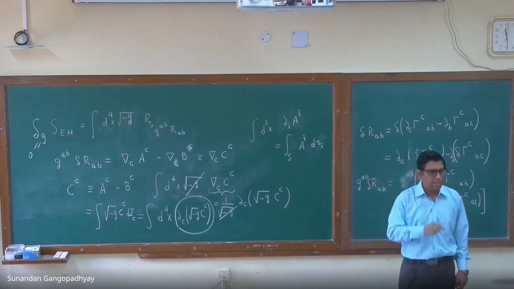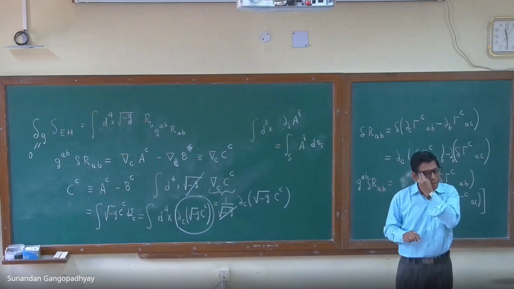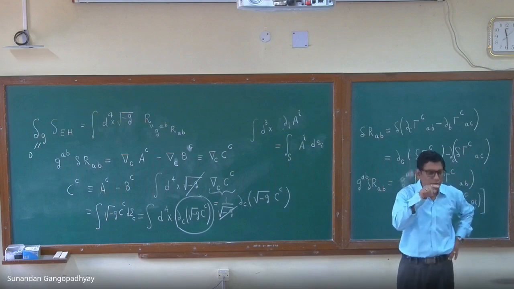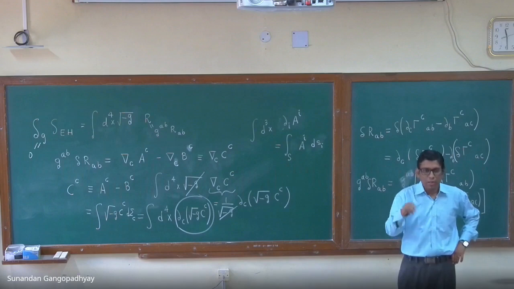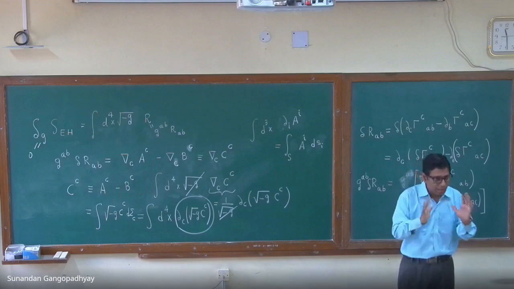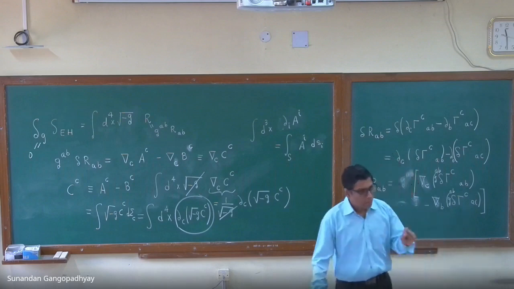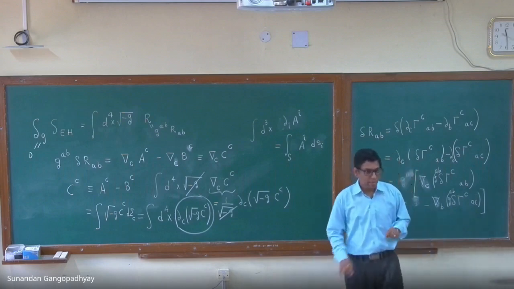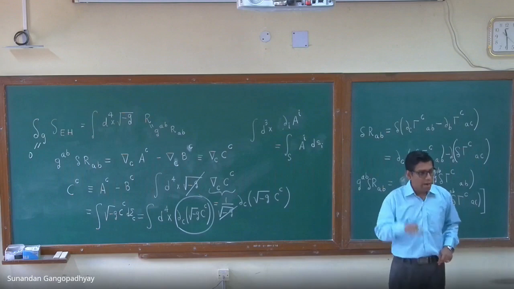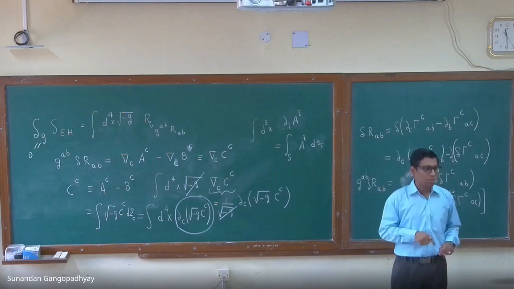L is a function of q and q dot, you vary it with respect to q. Then you get some bulk term and some boundary term. For the boundary term you say that the variation of the q's at the boundary is 0. Then you get the Euler-Lagrange equation of motion.